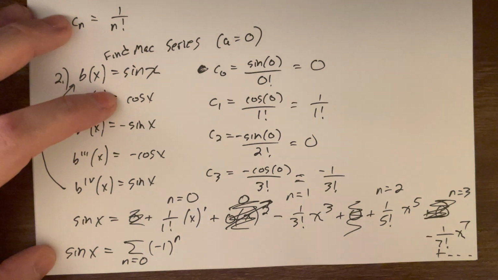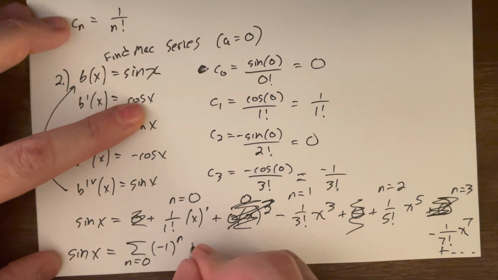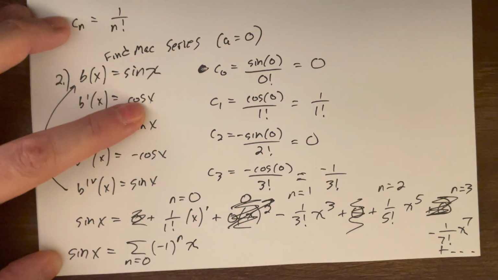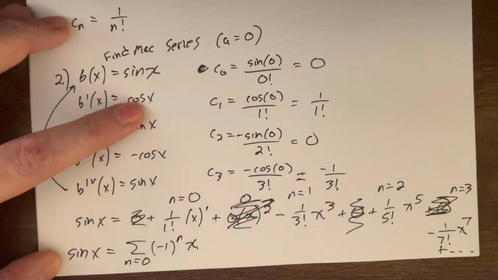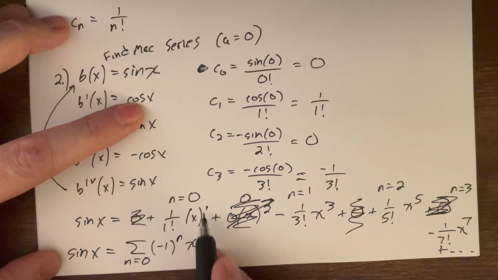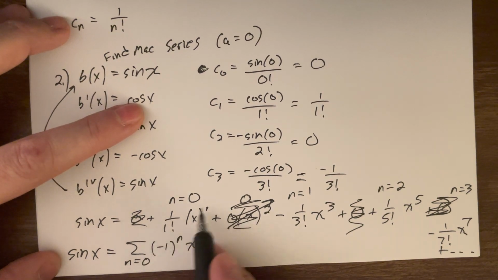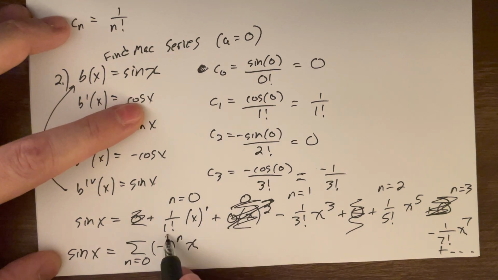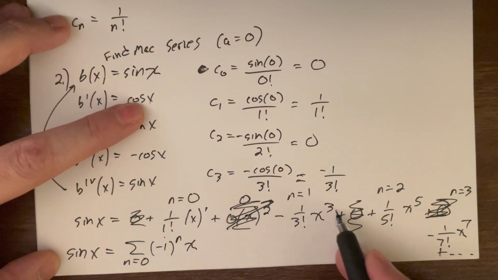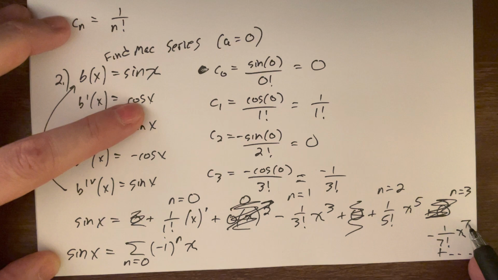Now, here's the big thing, everybody. I'm going to get an x to a power, and I'm also getting some factorials in the denominator. But notice two things. First, the exponent on x and the factorial is exactly the same. Not just here, happens here, happens here, happens here.